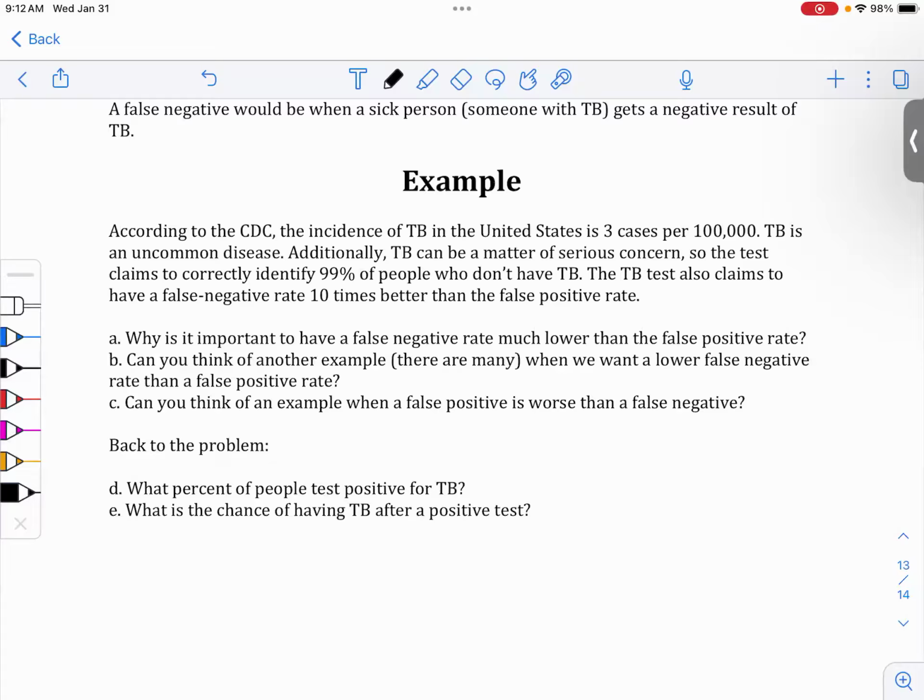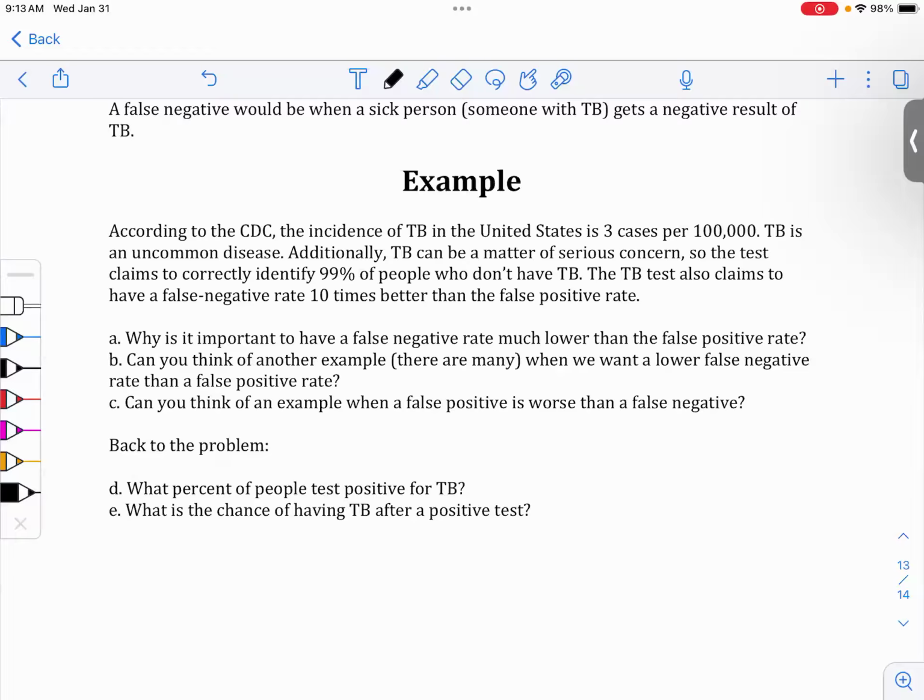So, why is it important to have a false negative rate much lower than a false positive rate? This is very, very common for almost all tests. You want a false negative rate much lower because you don't want to tell someone that they are not sick when they actually are, especially something like COVID, TB, etc. Because if you think you're fine, you don't do anything about it and likely then go spread the disease.